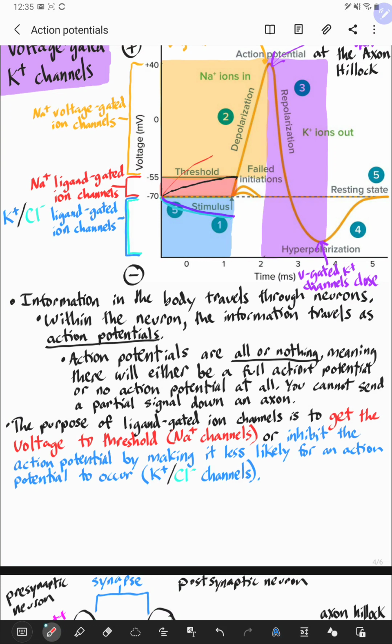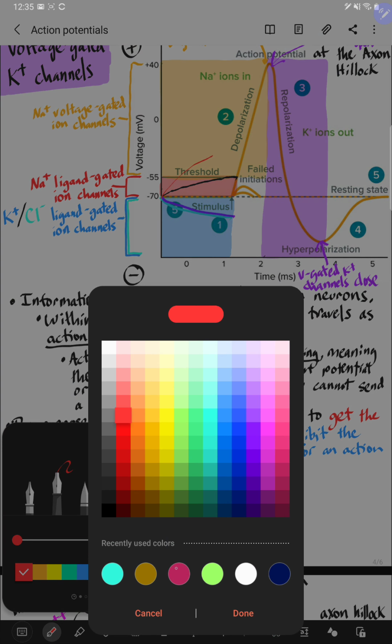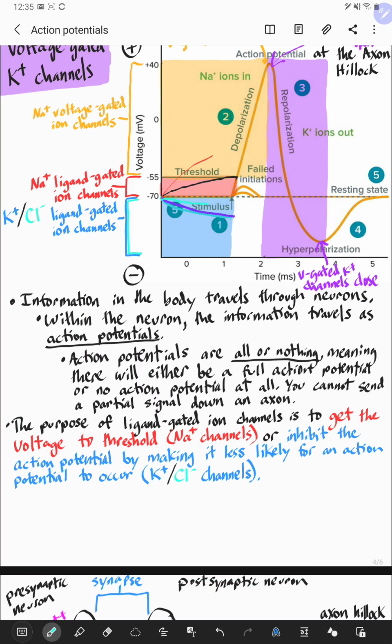But since we have chlorine also, which by itself would have maybe been like here, we're going to average the two out to get to here. And since we got above negative 55, the voltage-gated sodium channels opened and we had an action potential.